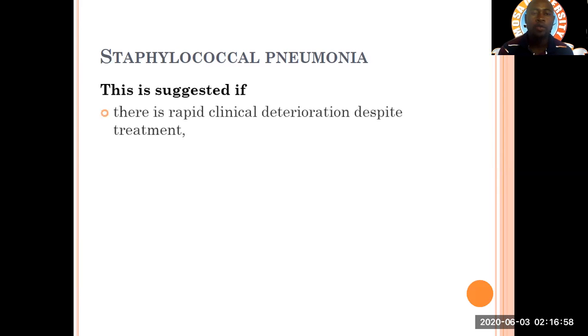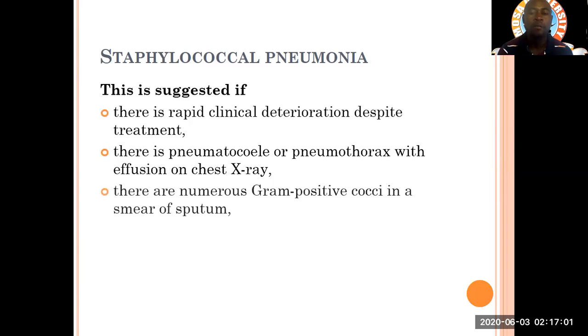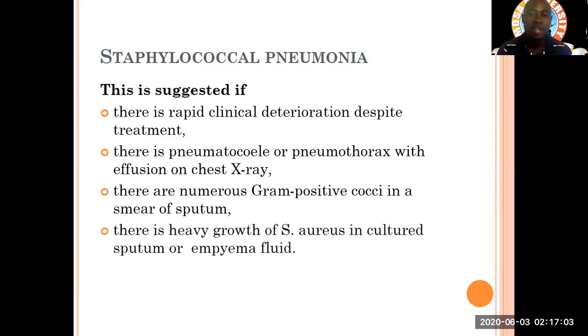Another form of pneumonia is staphylococcal pneumonia. This is suggested if there is rapid clinical deterioration despite treatment. If you look at the chest X-ray, you may find a pneumothorax or pneumatoceles. So if you see these things on an X-ray, and you've been treating this infant but there is still rapid deterioration and no improvement, it is important to start thinking of staphylococcal pneumonia.